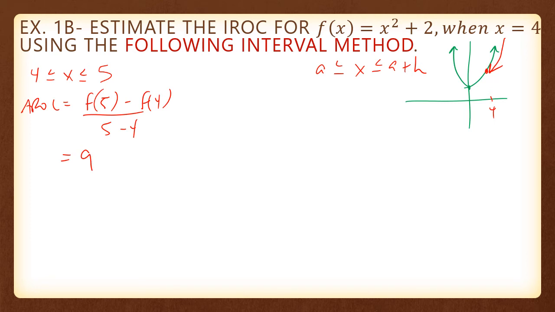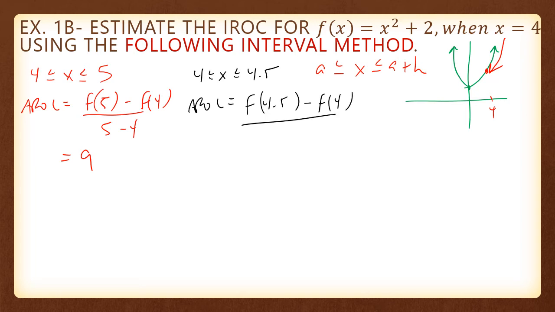Now we're going to get a little bit closer. So 4 and 4.5. And again, IROC equals f of 4.5 minus f of 4 all over 4.5 minus 4. Calculator work should get 8.5. And already we see the writing on the wall like we know we should.